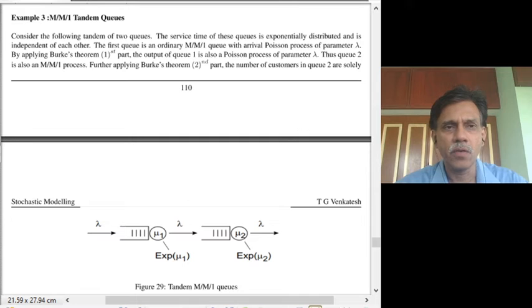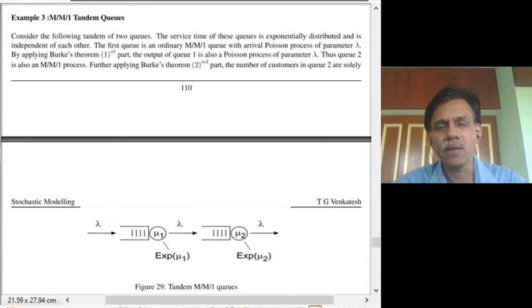In this lecture, we will look at network of queues. We will start off by looking at a tandem or a sequence of MM1 queues. We will see how Burke's theorem and the Poisson thinning process property can be used to make the analysis of tandem of MM1 queues simpler.